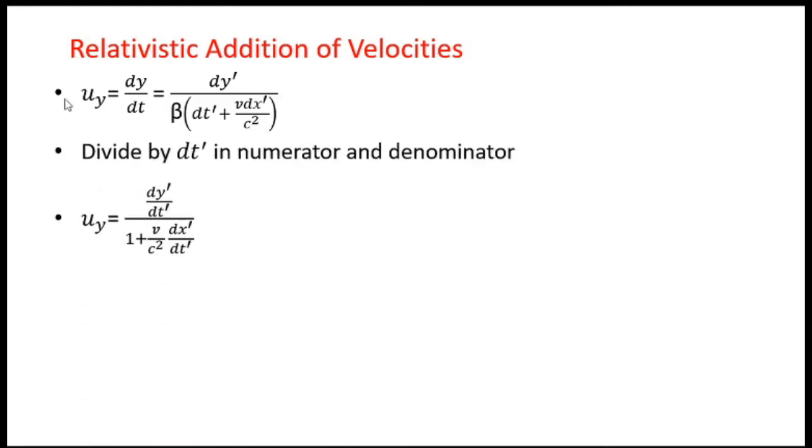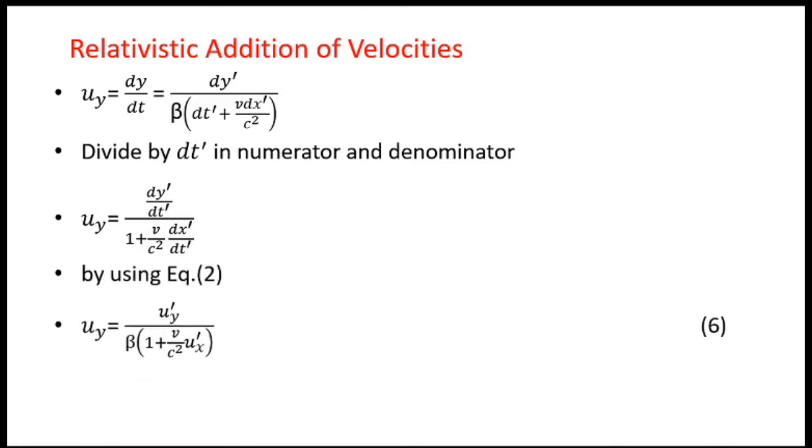So divide by dt dash in numerator and denominator, we get uy is equal to dy dash upon dt dash divided by 1 plus v upon c square dx dash upon dt dash, and if we use equation 2, we can substitute dy dash upon dt dash is equal to uy dash, and dx dash upon dt dash is equal to ux dash.